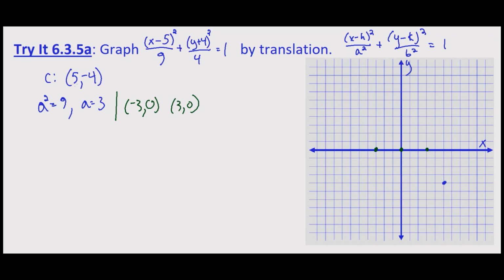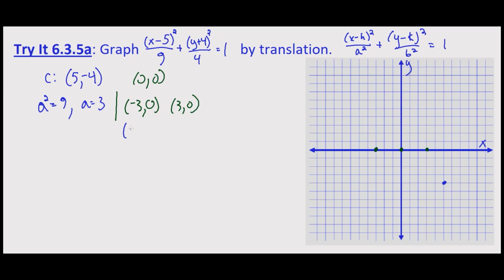And like I just said, if we look at the center in comparison to those, the center is at (5, negative 4) compared to (0, 0). So with the ellipse centered at the origin, we're at (0, 0), and we're at (negative 3, 0) and (3, 0). And with our current ellipse, we're at (5, negative 4). So we're going 5 in the x direction and negative 4 in the y direction.